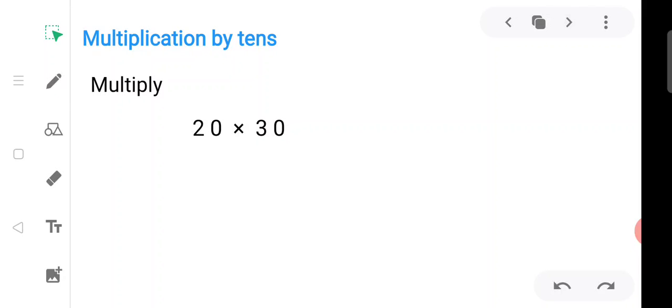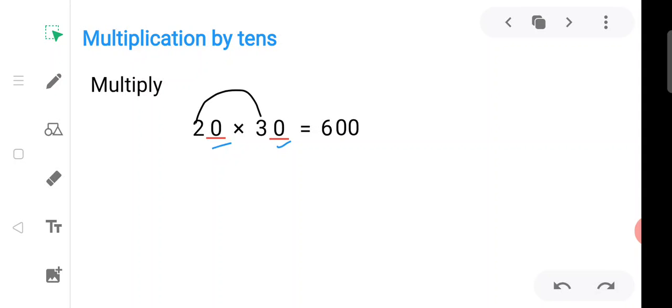Now see here, multiply 20 by 30. So how do you do it? See here, there is a 0 in the unit places of both numbers. So first we multiply the digits in their tens places. 2 threes are 6, and then we write 2 zeros in front of 6, 1 zero from 20 and 1 zero from 30.